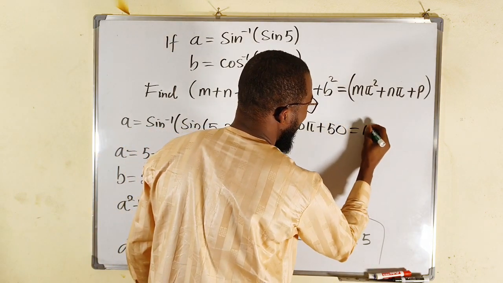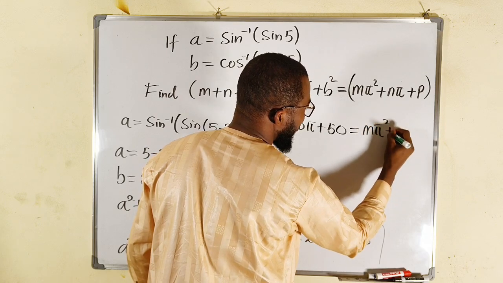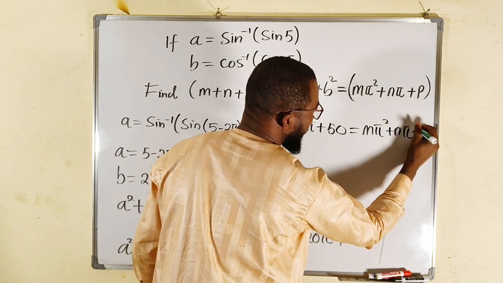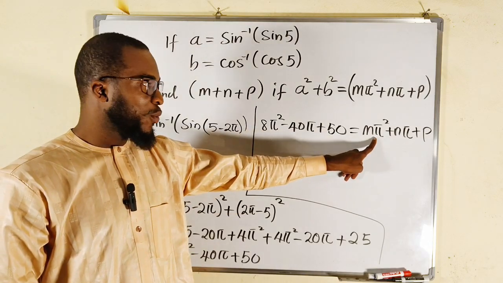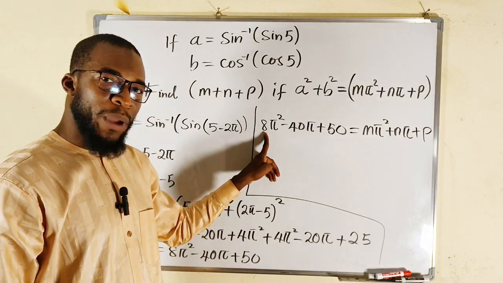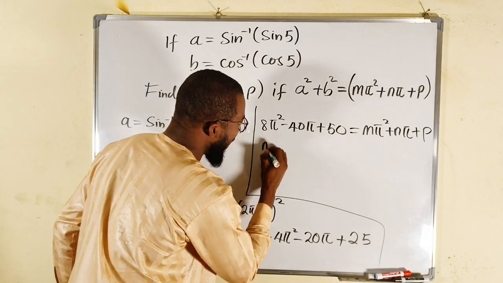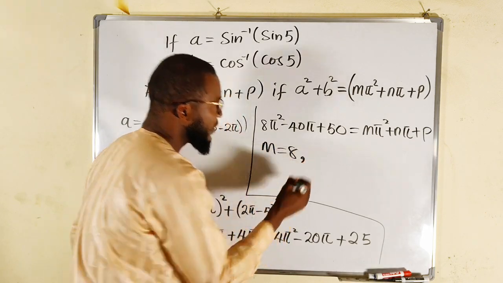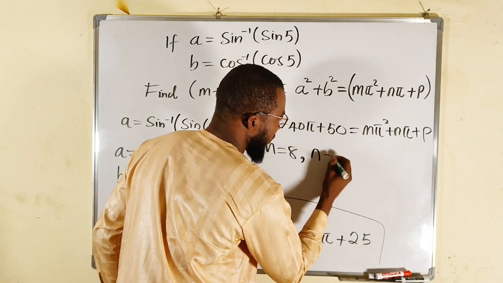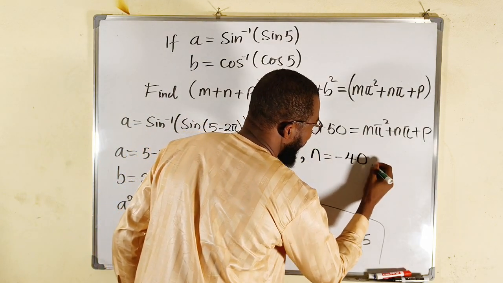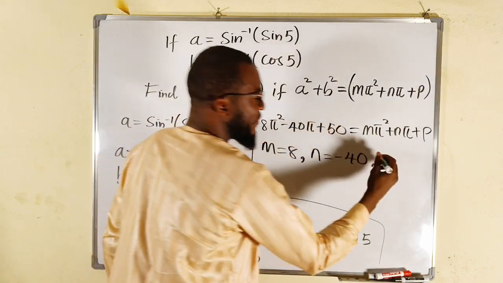That will give us m pi squared plus n pi plus p. So let's relate. Coefficient of pi squared is m. Coefficient of pi squared is 8, which means that m is equal to 8. n is equal to negative 40. And finally, p is 50.